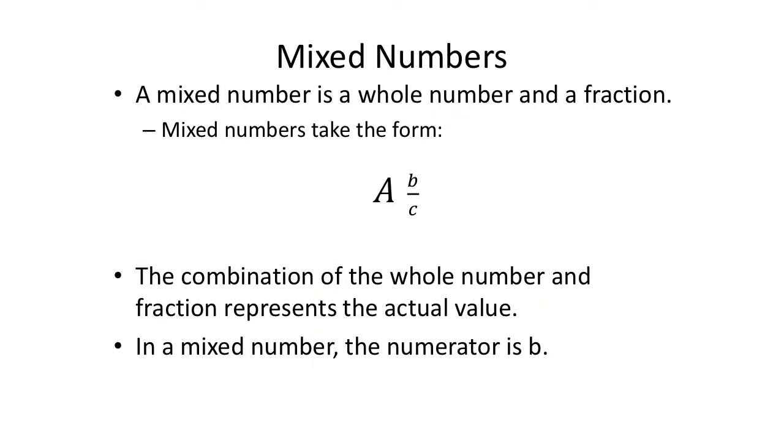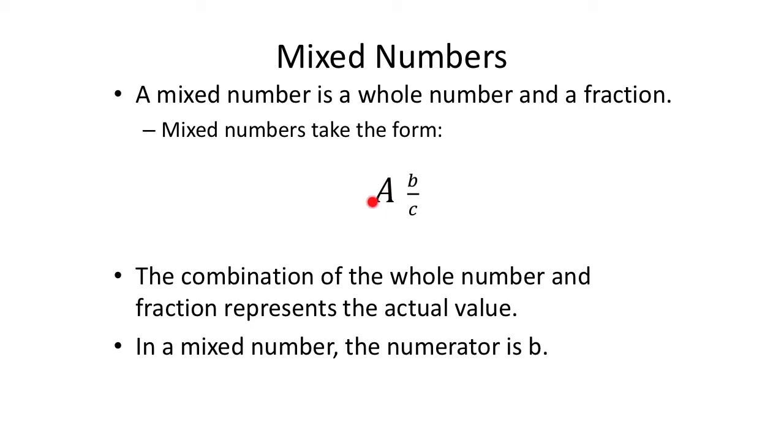So mixed numbers now. We include this in the fractions section of this unit because there's fractions included in mixed numbers. Now, this is abstract, meaning we're using letters in place of numbers. And hopefully that's okay. But mixed numbers take on this form. So you have some kind of whole value right here. And the protocol is this number is usually written a little bit bigger than the numbers in the fraction, right?